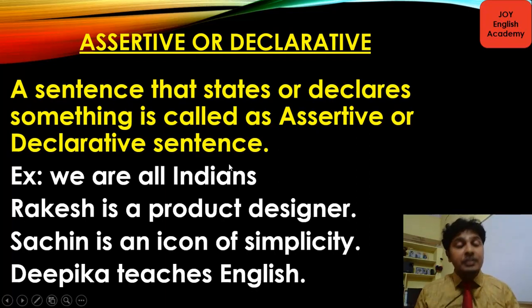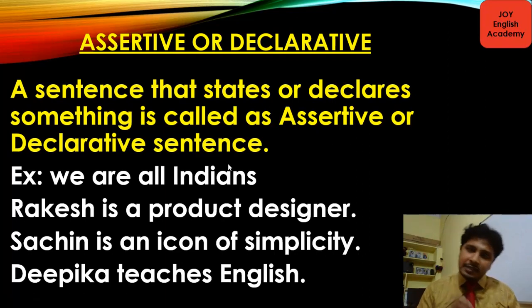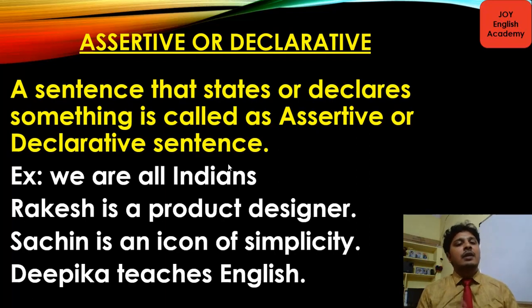So assertive sentence is also called as declarative sentence. Okay, what is an assertive sentence? An assertive sentence is a sentence which makes a statement or which declares something, is called as assertive or declarative sentence. Clear?